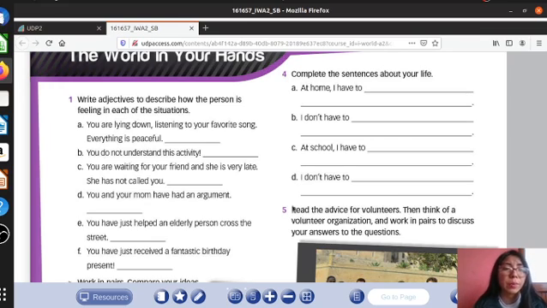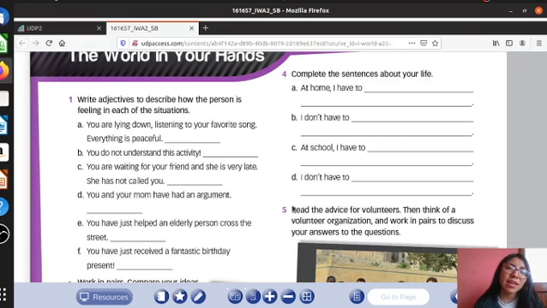So pay attention. The exercise number 1. Write adjectives to describe how the person is feeling in each of the situations. Do you remember the feelings that we review? Can you tell me? That's right.